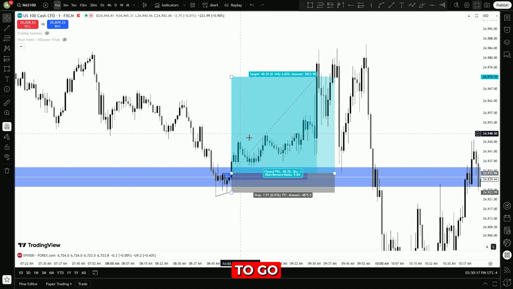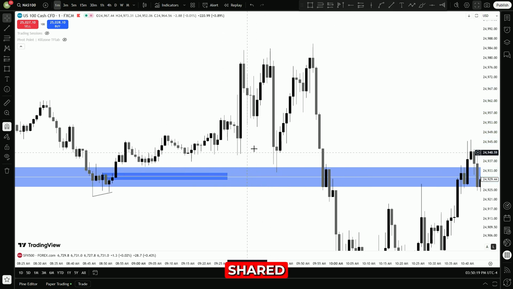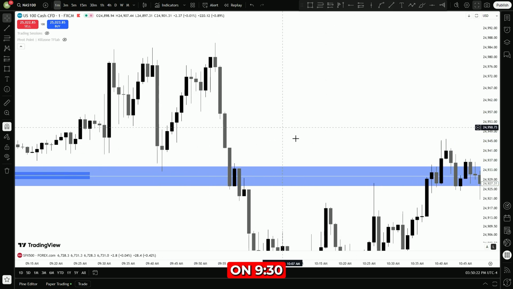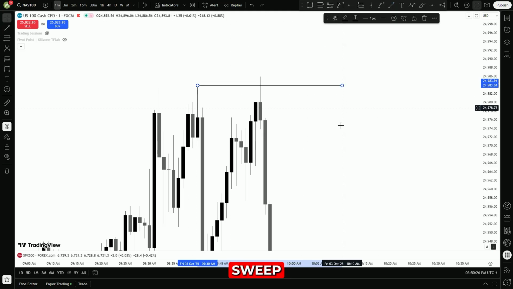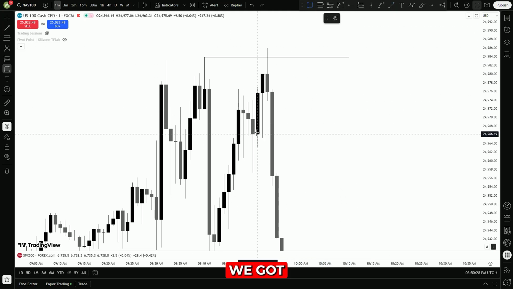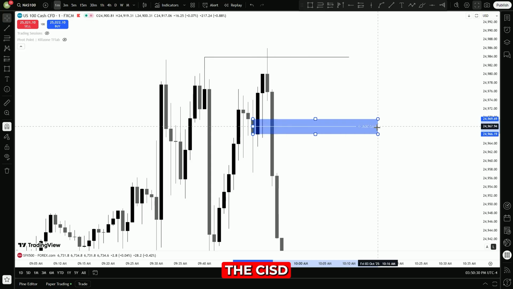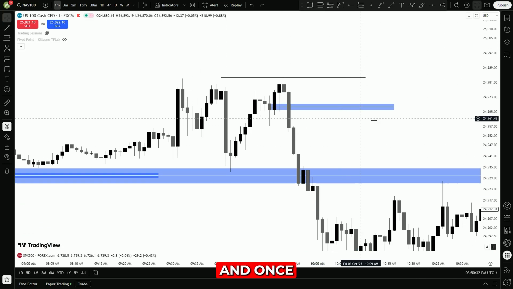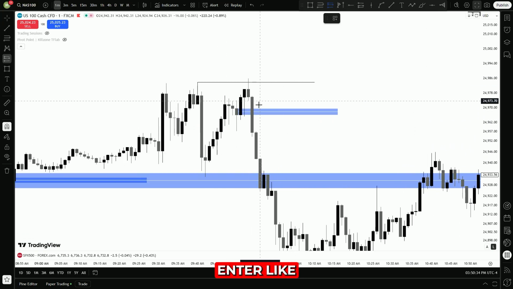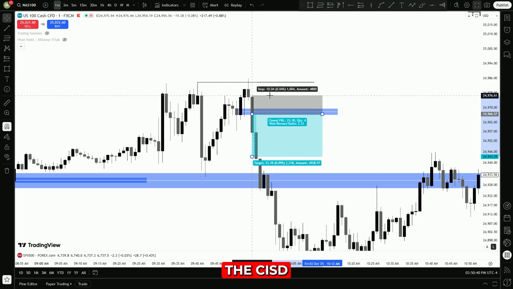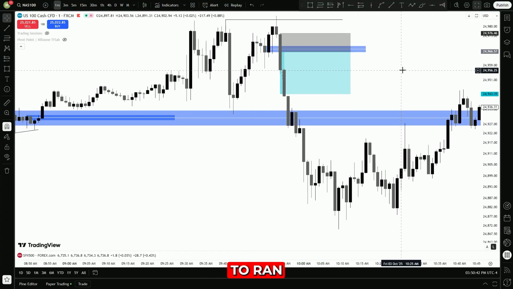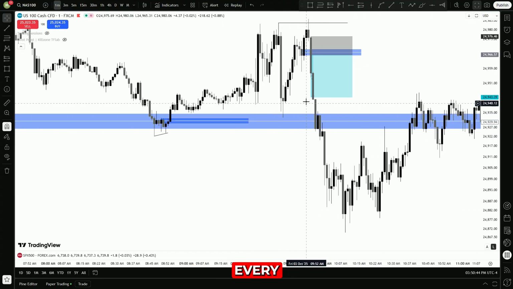And I also traded this on the 9:30, and how I did that is quite simple. Again, buy side sweep, we got the CISD, and once I get the CISD, I personally enter simply in the market, because 90% on NASDAQ what I have learned is after the CISD the market is gonna run through every liquidity.